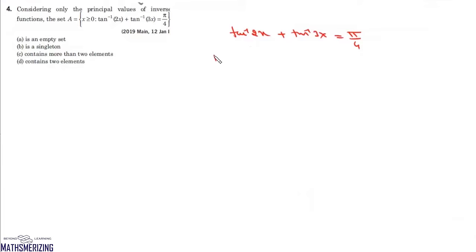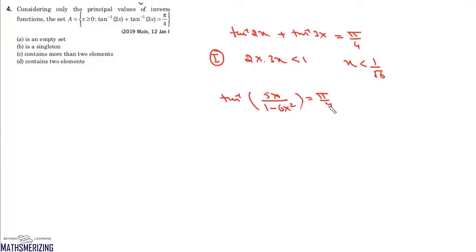So we'll consider the first case, when the product xy, which in this case is 2x into 3x, is less than 1. That is when the value of x is less than 1 by under root 6. Then in that case we can write this as tan inverse of x plus y upon 1 minus xy, so it will be 5x upon 1 minus 6x square, and it will be equal to pi by 4.